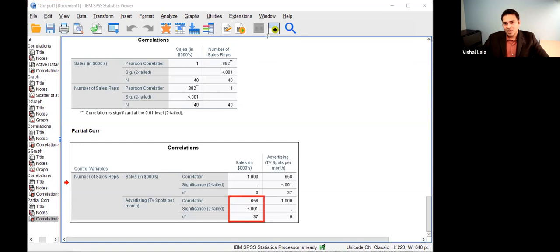Clearly this is a correlation that's well above zero. In fact, the p-value tells us it's significantly different from zero. And you would argue this is between the 0.3 to 0.7 range, so a moderate size correlation. Clearly, advertising has an influence on sales even after controlling for number of sales reps.